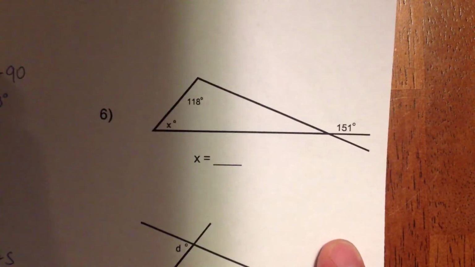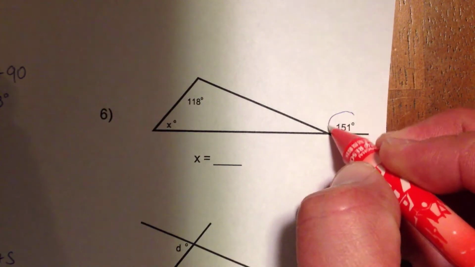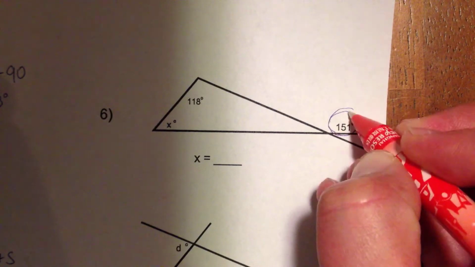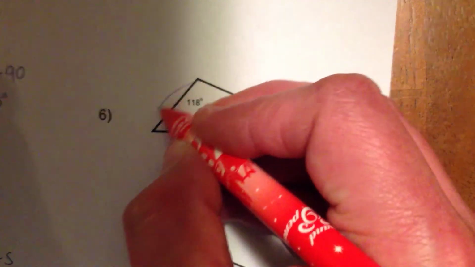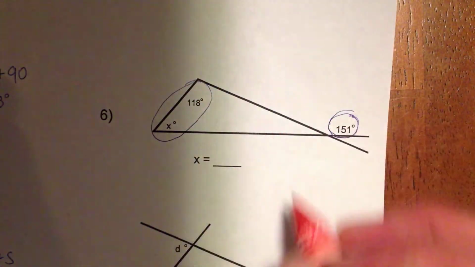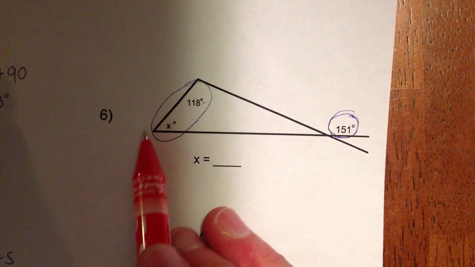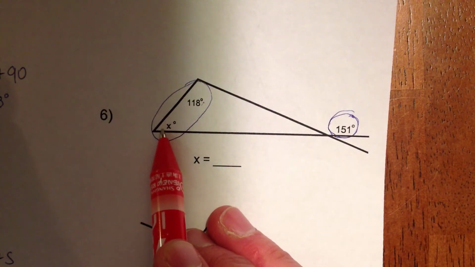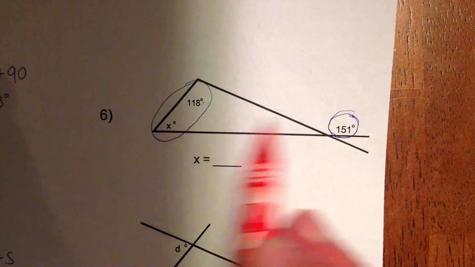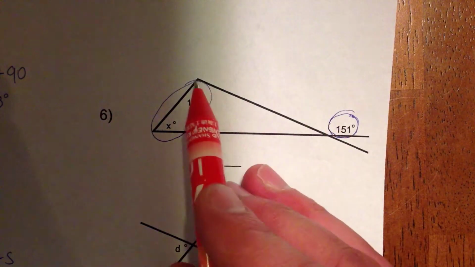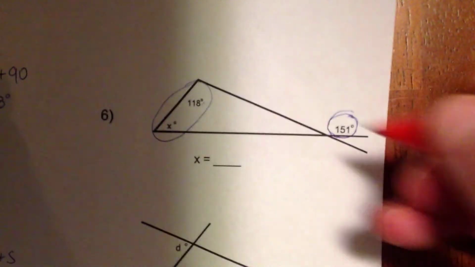Again, in example 6, I'm given my exterior angle, and I'm only given one of the remote interior angles, which is 118, and we're looking for the other interior angle. So again, I know that the exterior angle is the sum of the two remote interior angles.